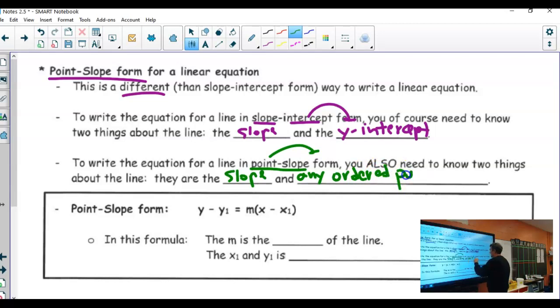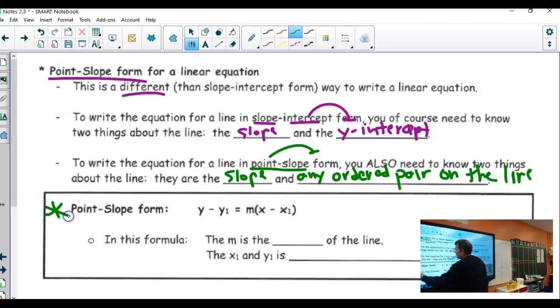But an ordered pair is just a point. Any ordered pair on the line. And instead of using the slope and the y-intercept, you can use the slope and any ordered pair that's on the line. And right here is what point-slope form looks like.